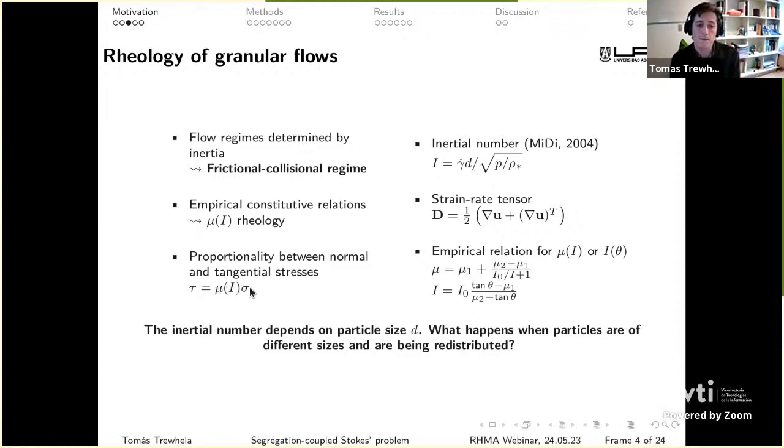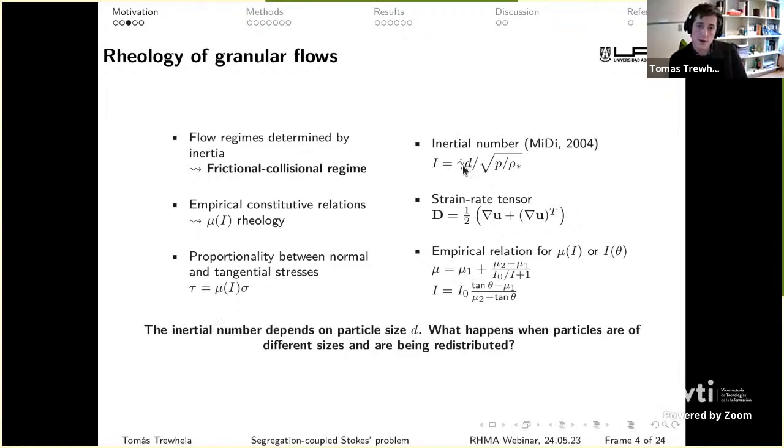And recently, some researchers, and specifically the French school, promoted the usage of an inertial number. So it's a non-dimensional number that puts into a kind of mixer the shear rate, the size of the particles, and pressure, in a way to tie the transfer of normal stresses and shear stresses within a granular bulk.